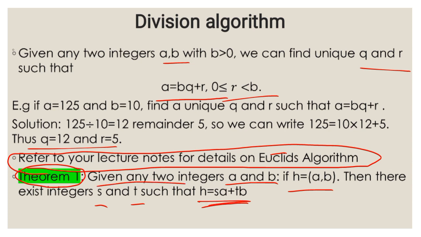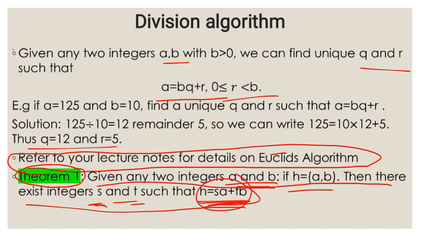So this is a theorem. You should be able to state it. Whenever I have two integers and my GCD of the two integers is h, then I can find integers s and t such that h can be written in the form you see that I've circled on the screen there.